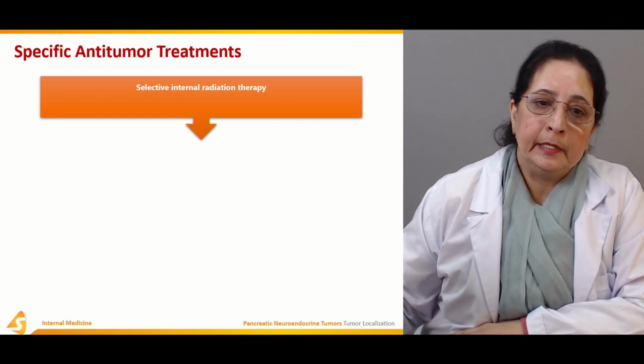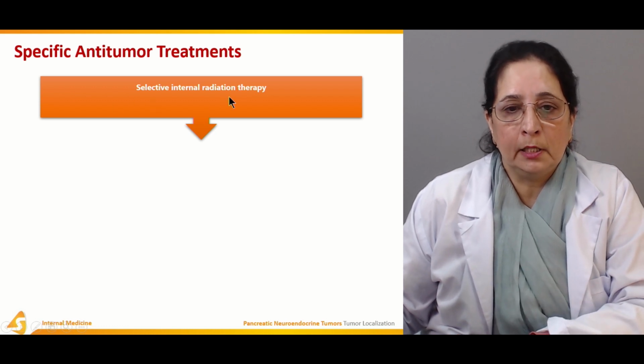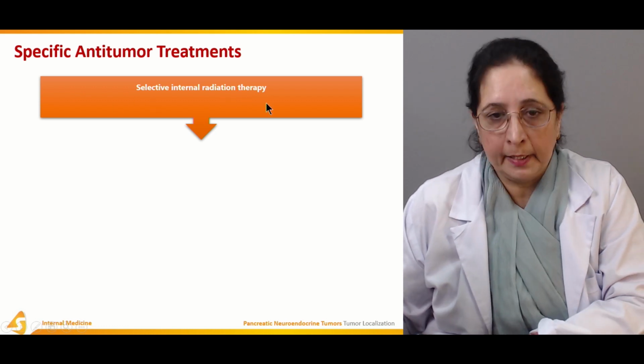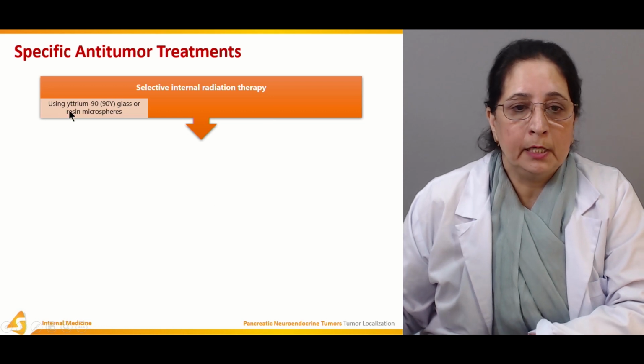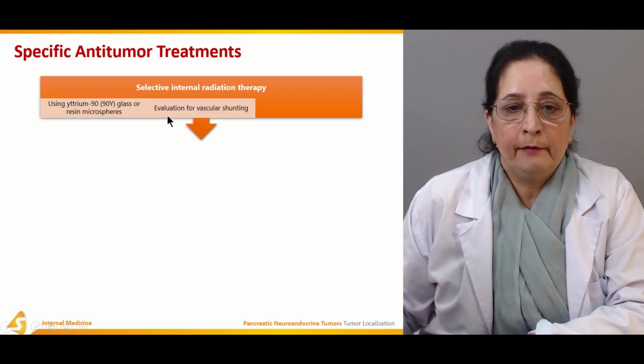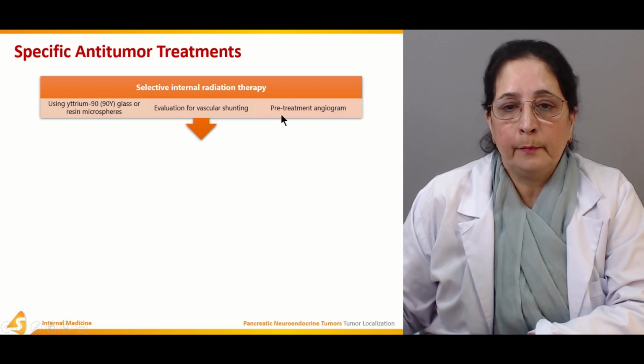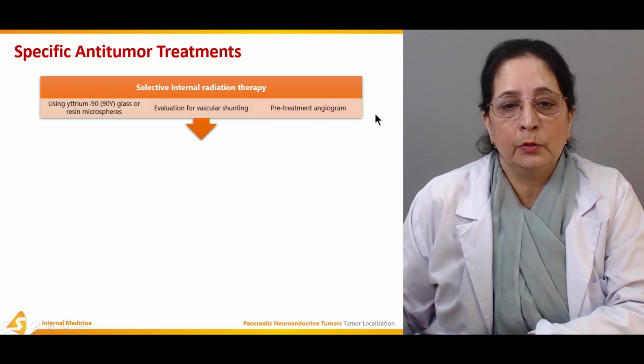Some other specific anti-tumor treatments: selective internal radiation therapy using yttrium-90 glass or resin microspheres, evaluation for vascular shunting, and pre-treatment angiogram.